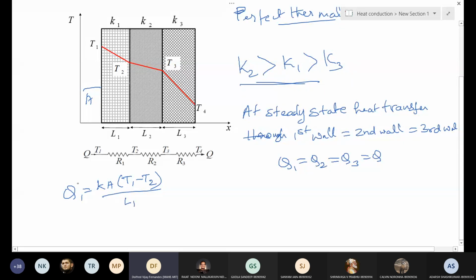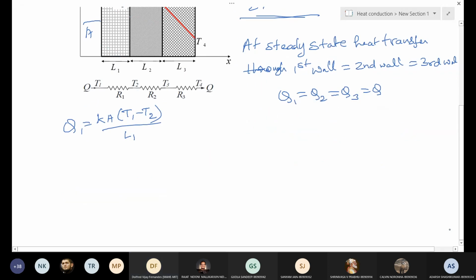Similarly, you can write for the second and third walls. Or you can write this as T1 minus T2, the temperature drop across the wall, divided by the thermal resistance, which is L1 divided by KA. So I'll write this as T1 minus T2 divided by R_K1. I'm using K because it's conduction resistance.